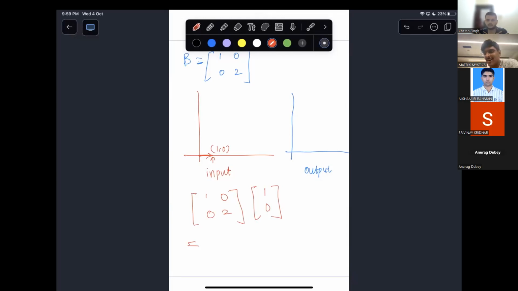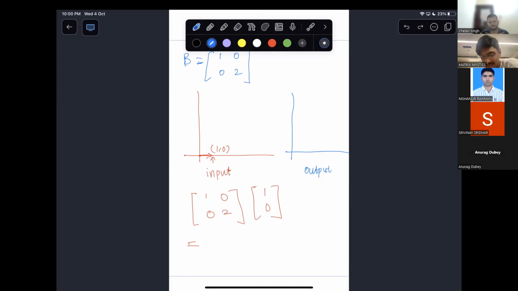Like before, we observed that we can express this as a multiplication of this quantity with this column and this quantity with this column, right?